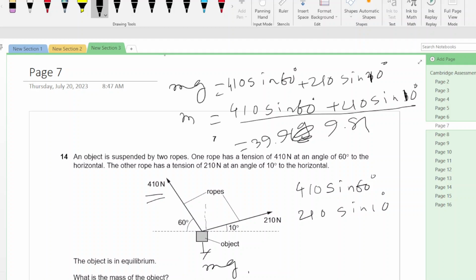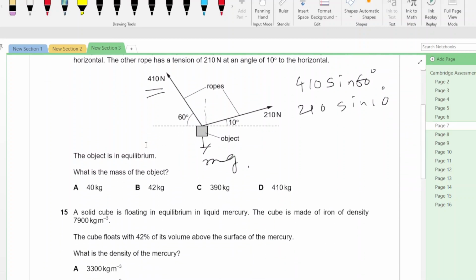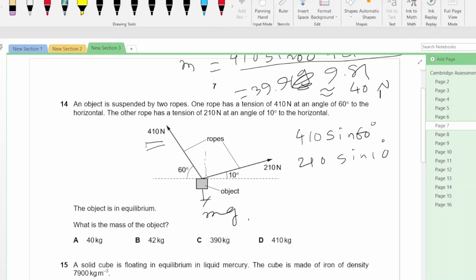To two significant figures, it is 40, sorry, it's not 40 Newton, 40 kg. 40 kg is at A. Therefore, the answer to question 14 is A.